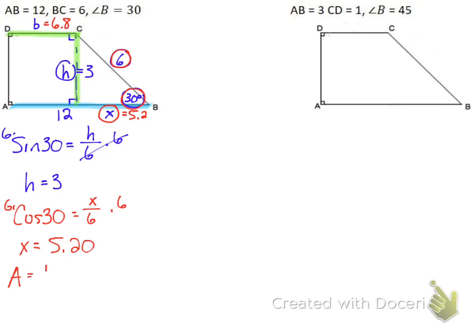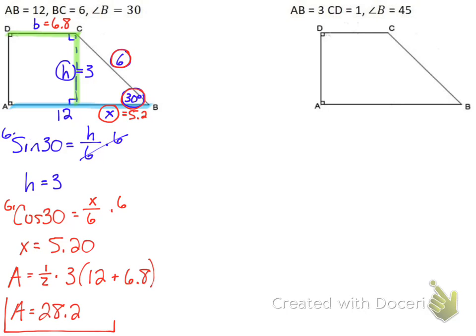My area is equal to 1/2 times my height, which was 3, and then add my bases together, which is 12 plus 6.8. So 0.5 times 3, parentheses 12 plus 6.8, I get 28.2. Those would be square units.